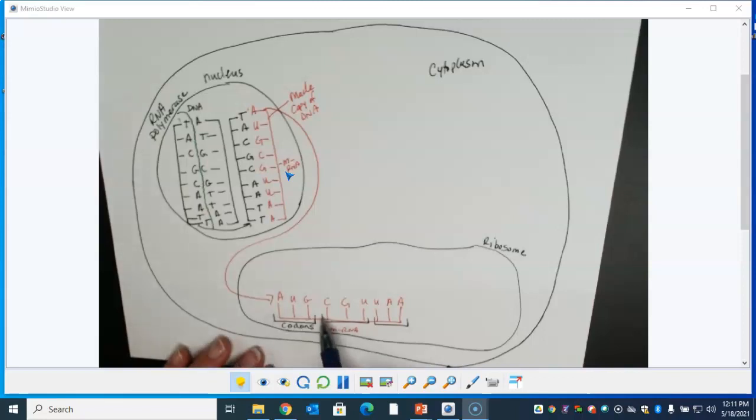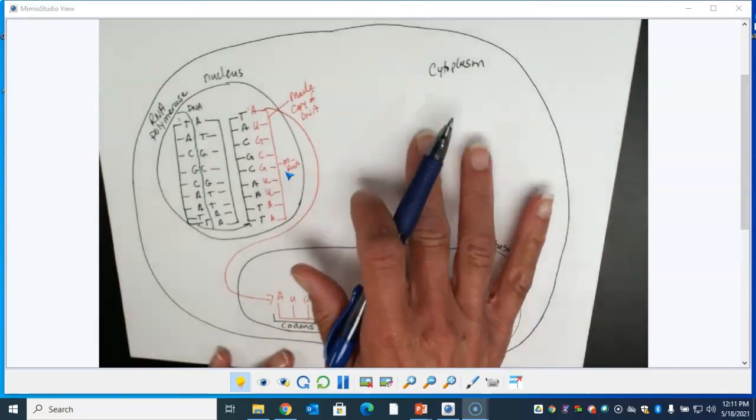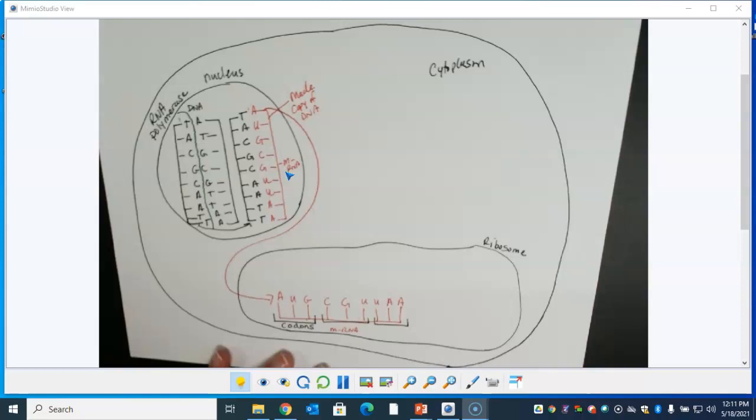So codon 1, codon 2, codon 3. The ribosome reads it and sends a message out to the transfer RNA, which is floating around in the cytoplasm. The transfer RNA has the complementary or matching letters for each of these codons. And each transfer RNA carries an amino acid.